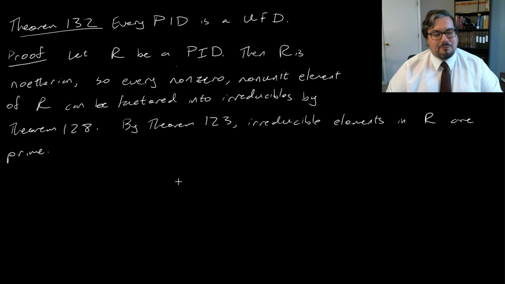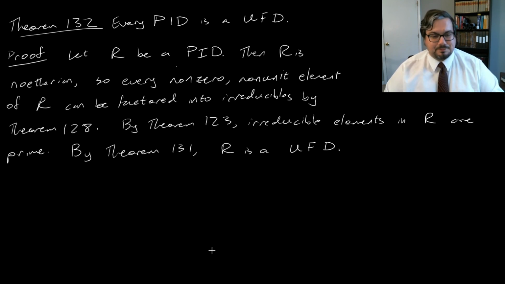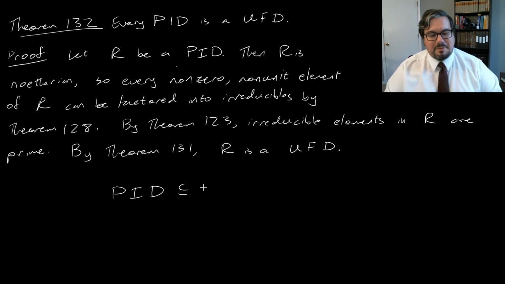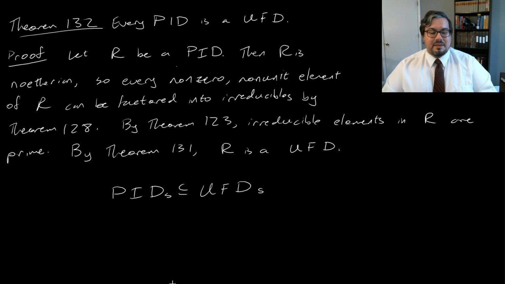So that means that every non-zero, non-unit element of R can be factored into primes. So, by Theorem 131, R is a unique factorization domain. So this gives us a containment of domains. So all PIDs are contained in UFDs. Every PID is a UFD.